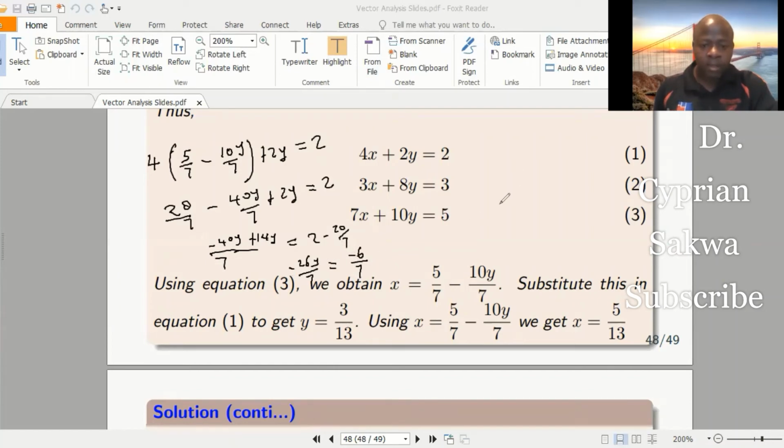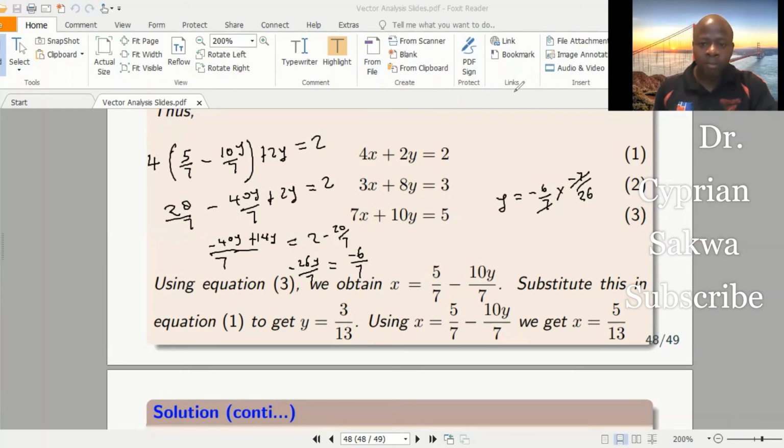And so what is y? Y is negative 6 over 7 times negative 7 over 26, where 7 cancels, and this becomes positive. It's positive 3 over 13 when you divide by 2. So this is y, positive 3 over 13.